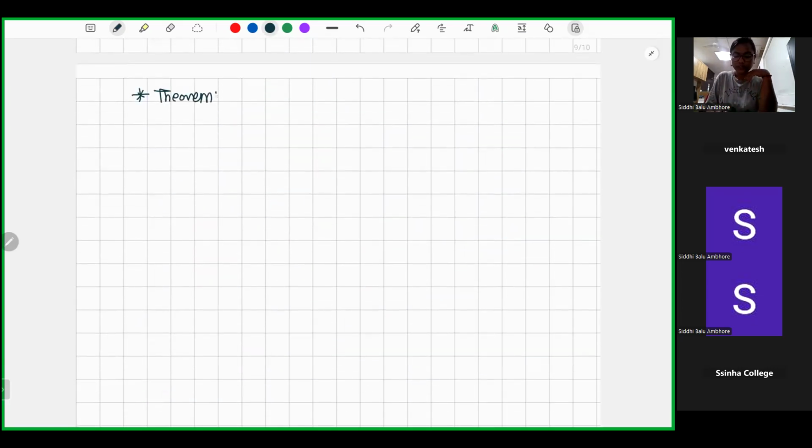This is the question they are asking: let n greater than or equal to 1 and p be a prime number.